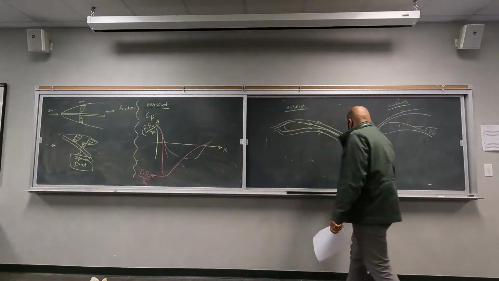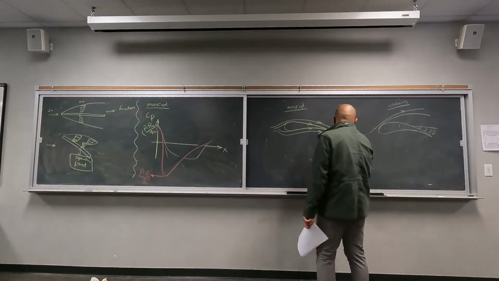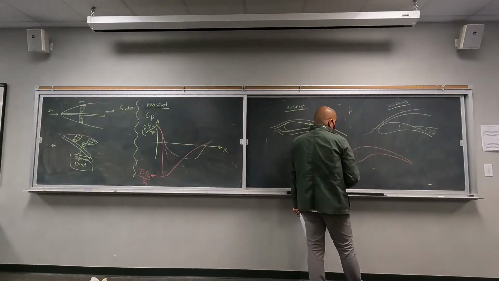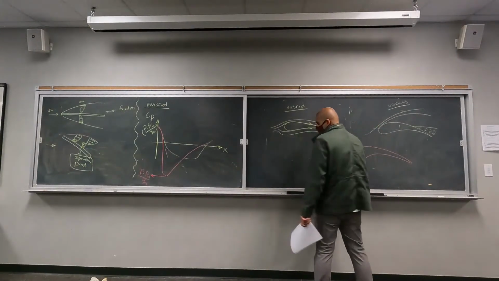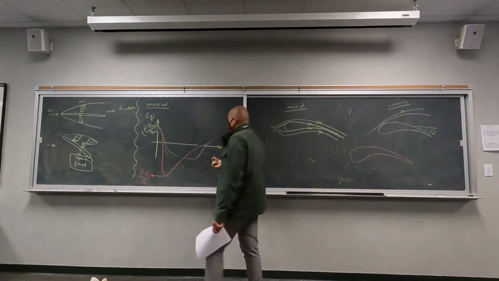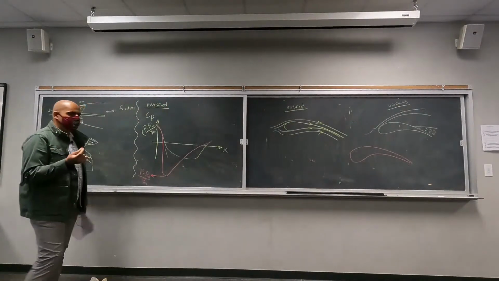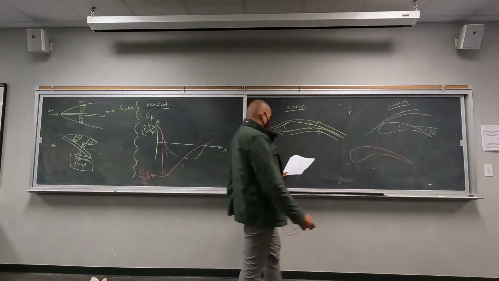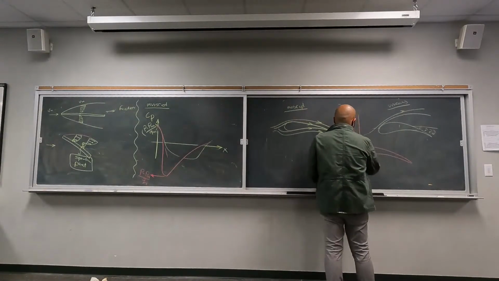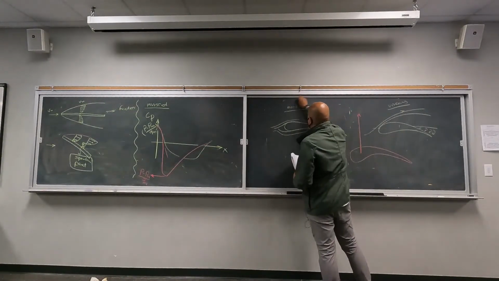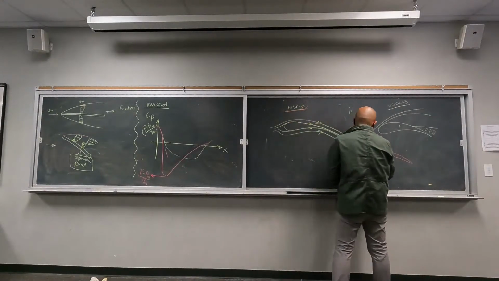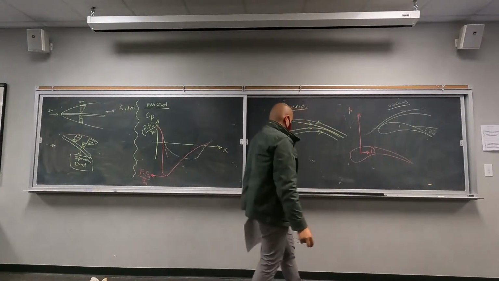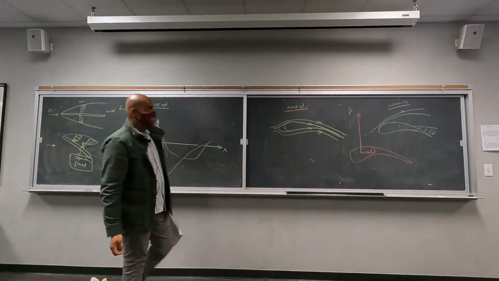And what does it mean for the pressure distribution on top of the airfoil if you want to find the lift and drag force? Let's say I'm going to use this pink chalk for the inviscid flow and the green chalk for the viscous flow.